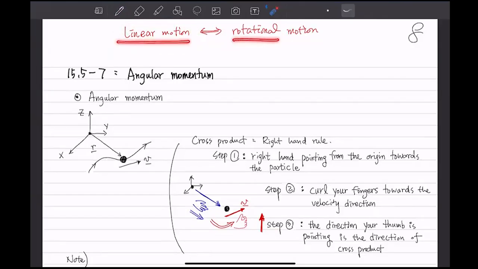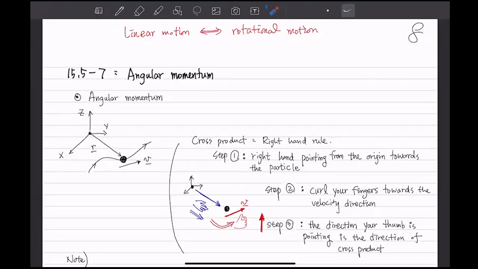Otherwise, if we add more terms from this rotational thing, it's really going to make you confused. So I will try to show as much as possible of these one-to-one matchings. That way, your basic knowledge from the physics course and from our course so far in linear motion can be easily translated into rotational motion.